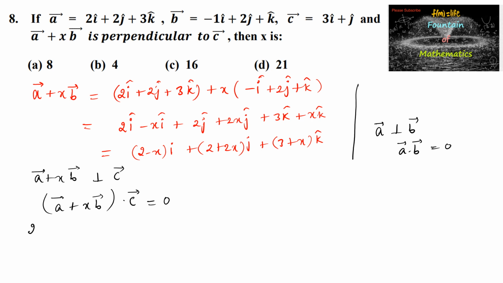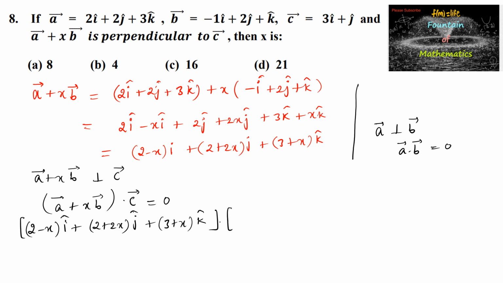Which implies (2 minus x) times i plus (2 plus 2x) times j plus (3 plus x) times k, dot product with c vector.